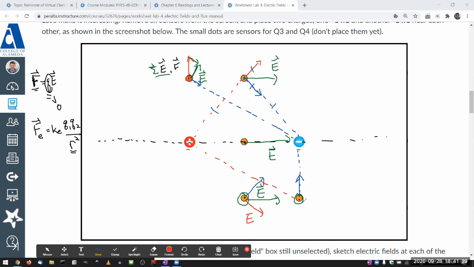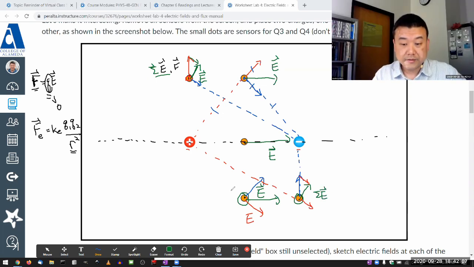That's a smaller magnitude than this inward one. So you look through it and imagine adding these two together, then it points this way. That's the net electric field. So that's the prediction for the electric field at each of these locations.